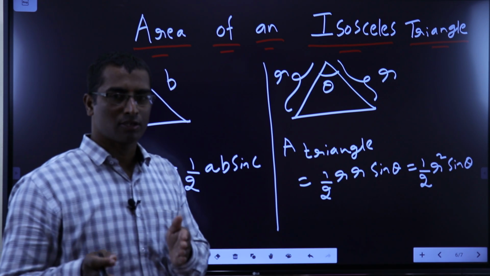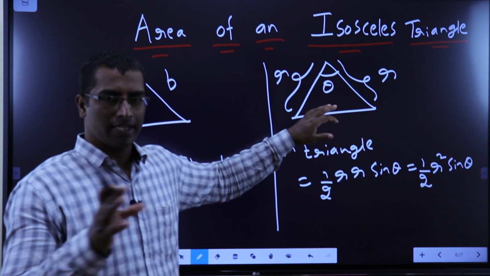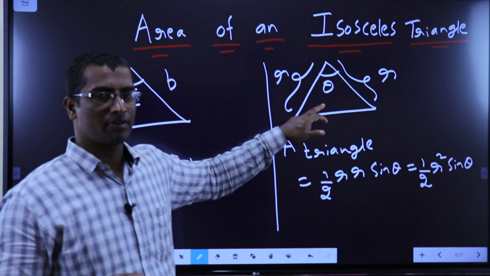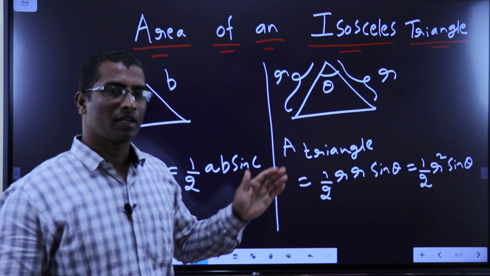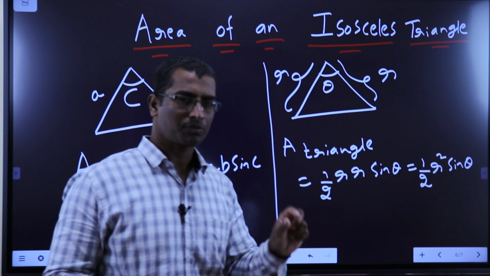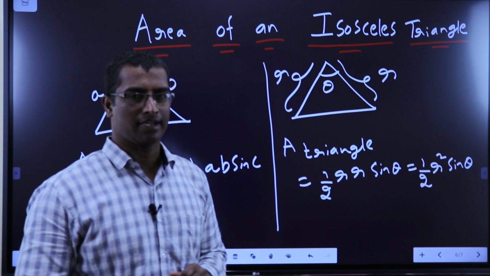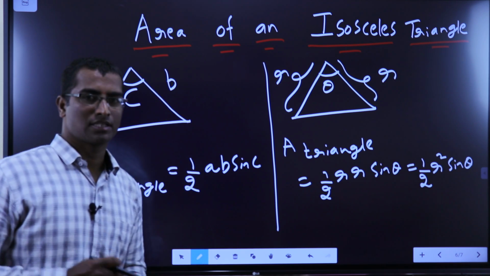So area of an isosceles triangle is half r square sine theta. In radians we will come across this type of triangle only, where two of its sides will be radius. And for that area of isosceles triangle I will be using this, half r square sine theta. Accepted? Okay. Next one.